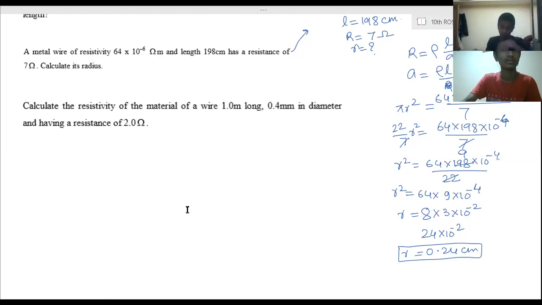Ma'am, I got 8 into 10 to the power of -4. No. Ma'am, I got 25.14 into 10 raised to minus 6. It is not -6. Ma'am, I got 2 into 10 to the power -4. No. Ma'am, I got 2.514 into 10 to the power -7. -7.